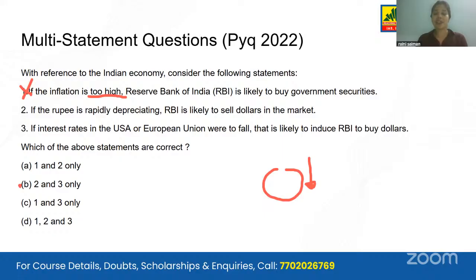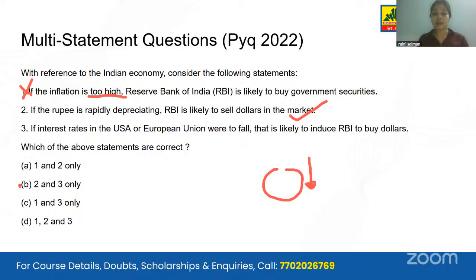Yes, it is going to sell the dollars. Why? Because when the value of the rupee is depreciating, dollars are not there in the market. In comparison to the dollar, the rupee's value is depreciating. The Indian market needs more inflow of dollars. So in that case, RBI will sell dollars in the market, which is correct.